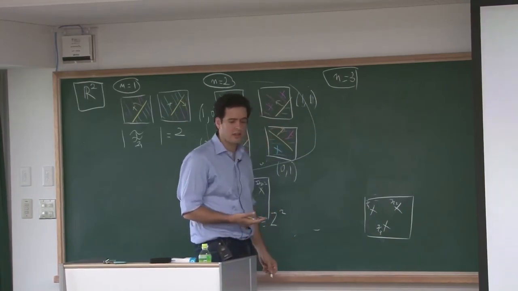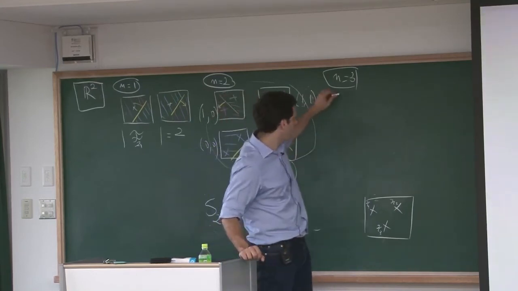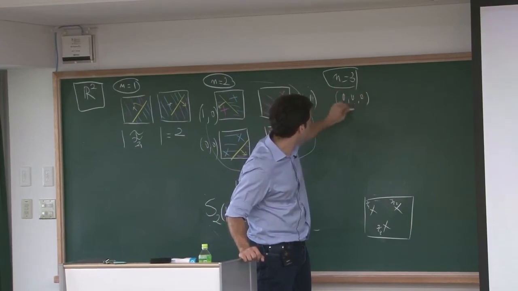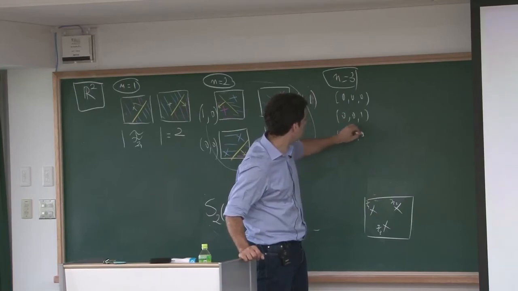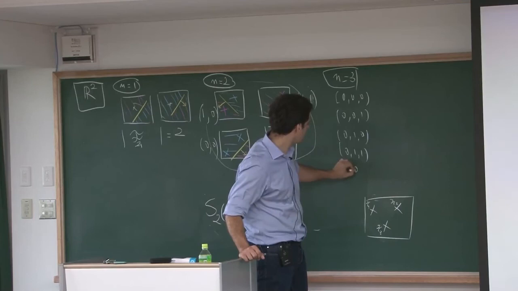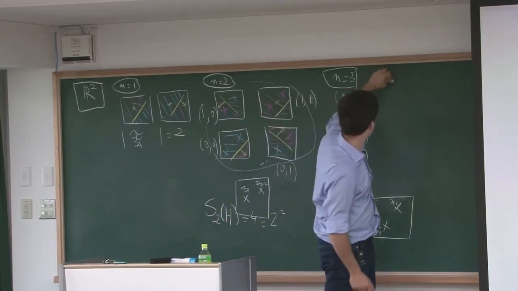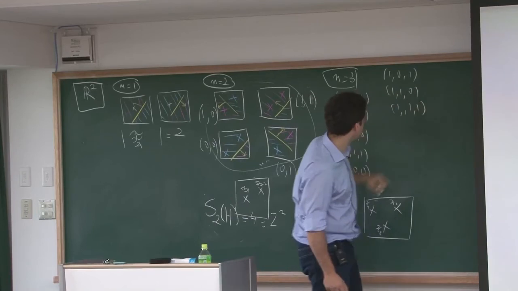So again, do you think that I can do all possible different combinations of labels? Could I come up with a hyperplane which will be 0, 0, 0; 0, 0, 1; 0, 1, 0; 0, 1, 1; 1, 0, 0; 1, 0, 1; 1, 1, 0; and 1, 1, 1?